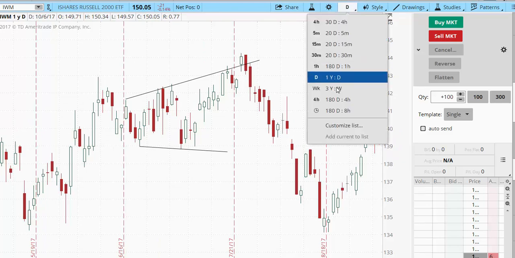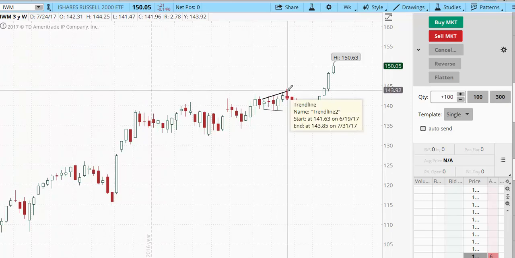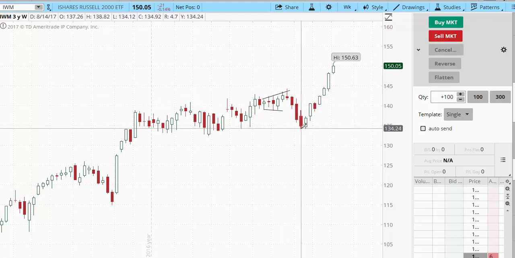Okay, and let's look at weekly. Here's your weekly, and notice that this was a daily. We found the pattern on the daily chart, so we went down for a good 4 weeks. This is about a 7-8% down move. If you catch 3, 4, 5% of it, that's in futures money. That's pretty damn good.